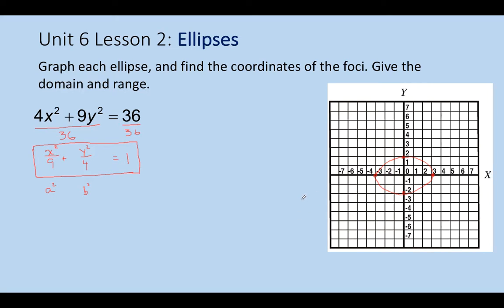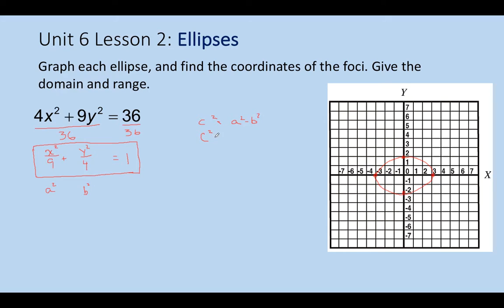It also says give the coordinates of the foci. So we remember a couple of things, and that is, c squared is going to be equal to a squared minus b squared. And remember, c is the coordinate of the focus.